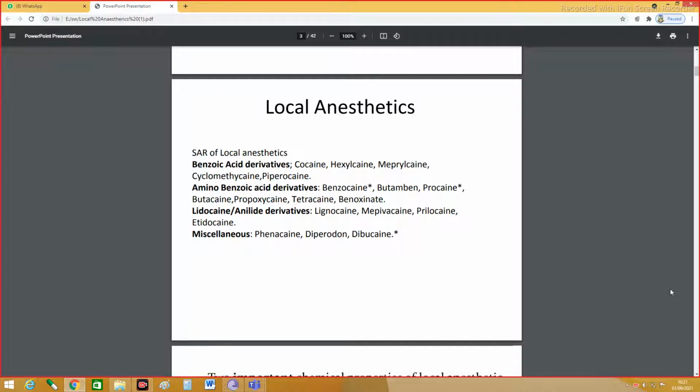Examples are cocaine, hexylcaine, meprylcaine, cyclomethycaine, piperocaine. Likewise, the second class is aminobenzoic acid derivatives. Lidocaine, similarly, is known as an anilide derivative, and some of the miscellaneous class of drugs.